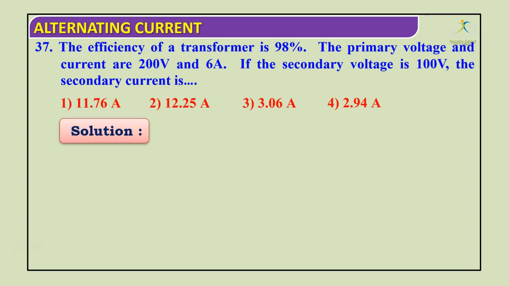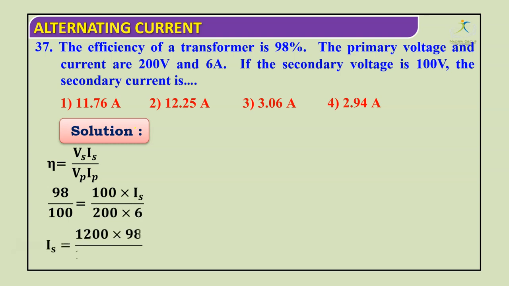Moving with the solution part, we know the efficiency formula: Vs Is by Vp Ip. After putting in all these values, we get the value of Is, which is 11.76 ampere. Option 1.